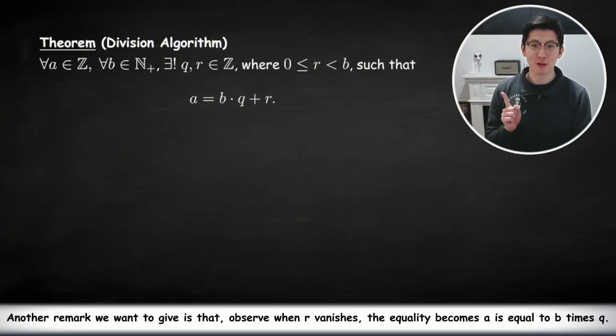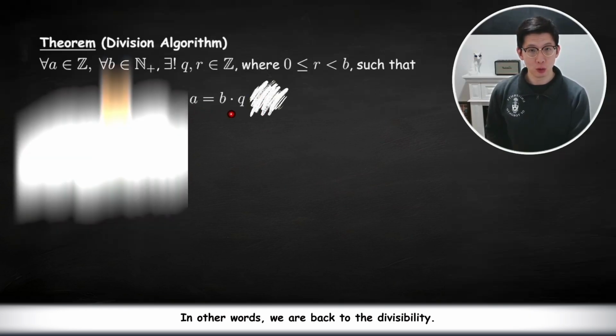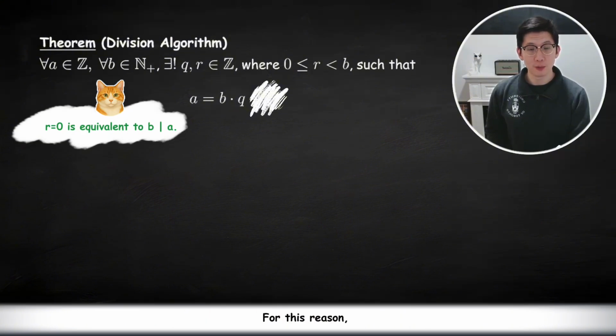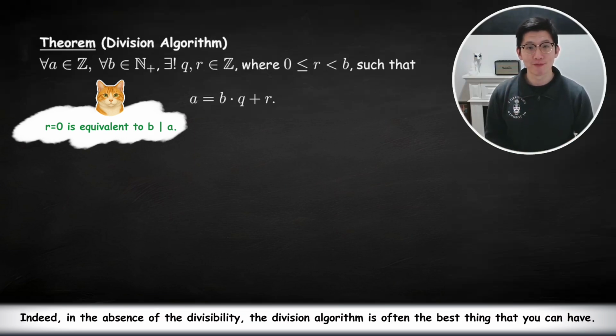Another remark we want to give is that when r vanishes, the equality becomes a is equal to b times q. In other words, we're back to the divisibility. For this reason, the divisibility can be seen as a special case of the division algorithm where the remainder vanishes.